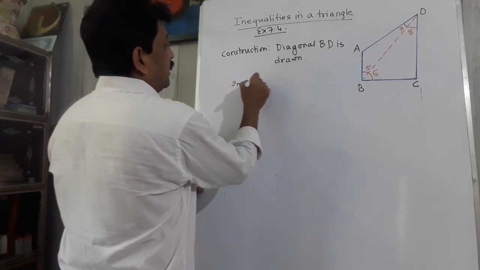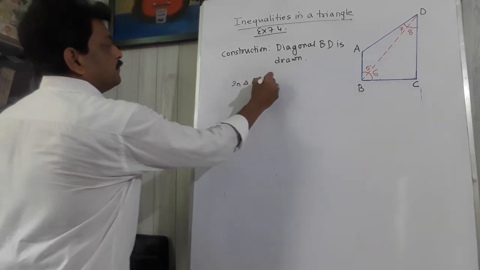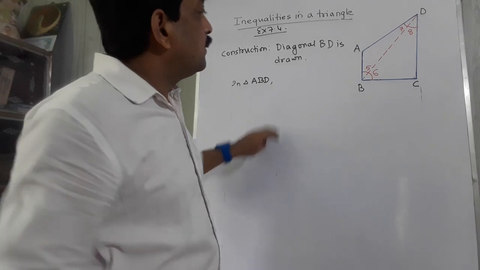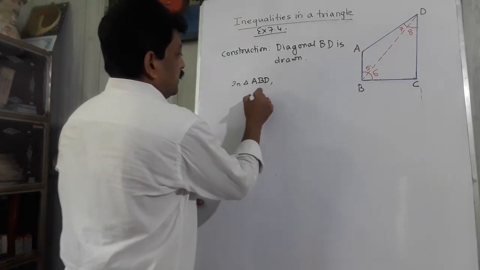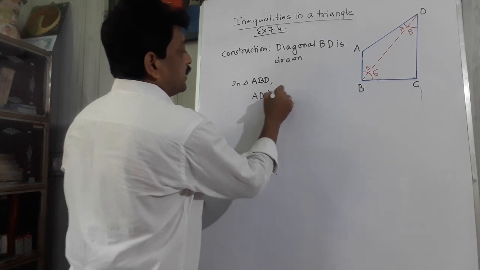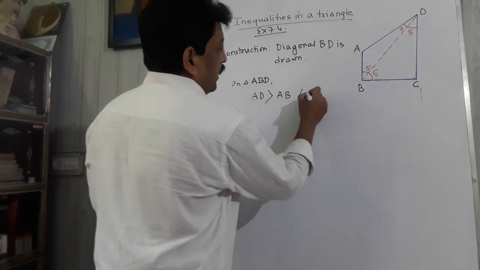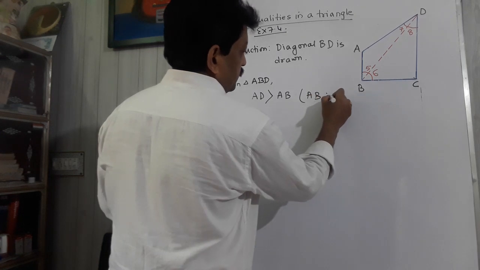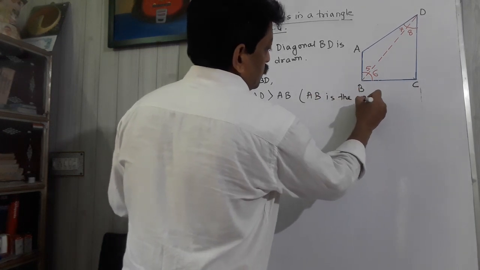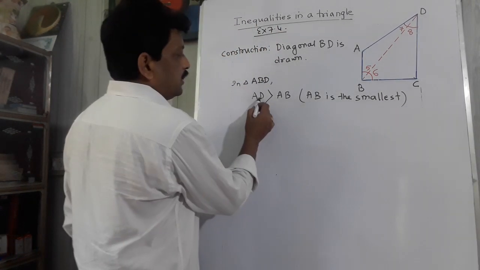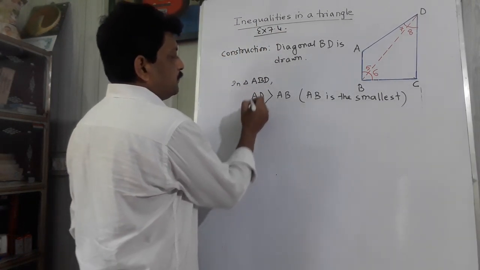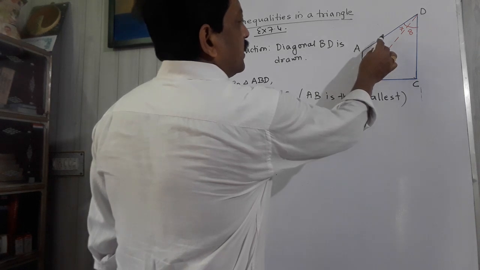In triangle ABD, it is given that AD is greater than AB, as AB is the smallest side. So AB is smaller than all the other three sides. That's why AD is bigger than AB. So AD is greater than AB.